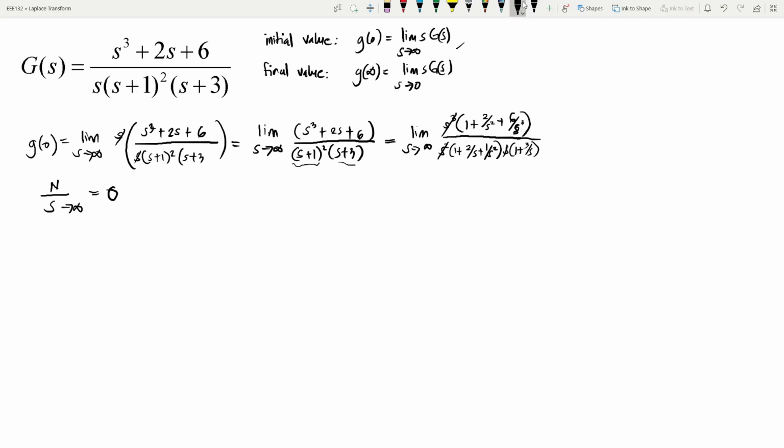So we are left with this. If s approaches infinity, we have 1 plus 0 plus 0 over 1 plus 0 plus 0 times 1 plus 0. We have a value of 1.